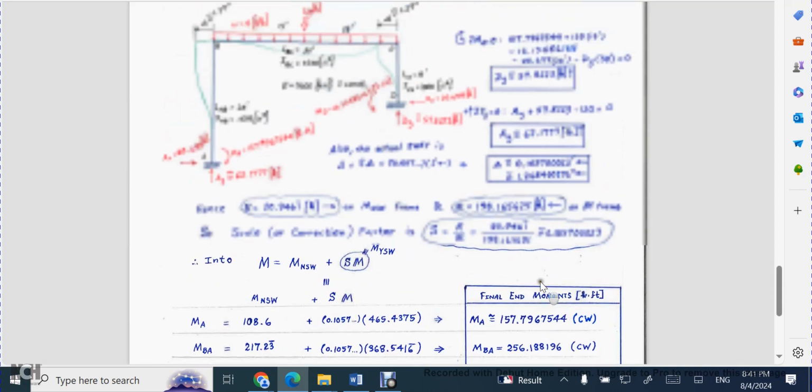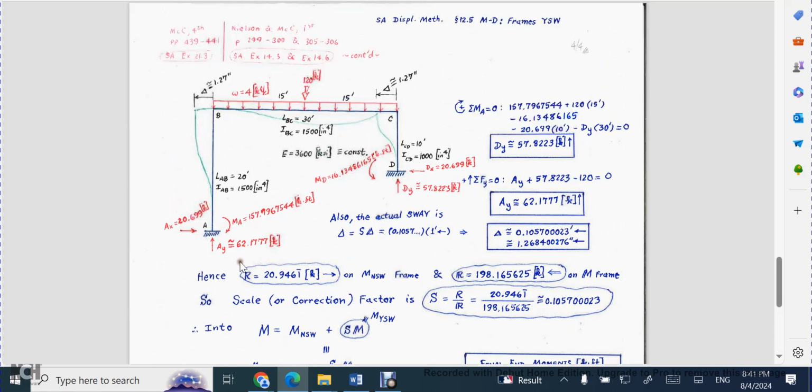And then to show you the final results of everything, here they are. Here's your AX force. Here's your DX force. Then you can apply simple statics now that you know these moments and those horizontal forces. You can go ahead and compute these AY and DY by simple statics as I'm showing over here. And one last thing, you can also determine how much the actual sway was.